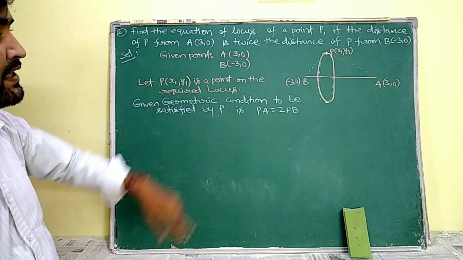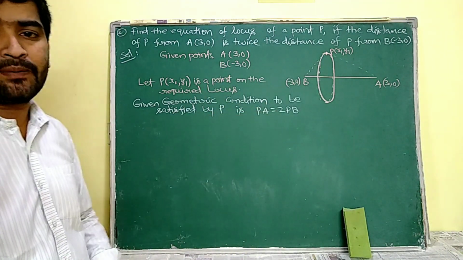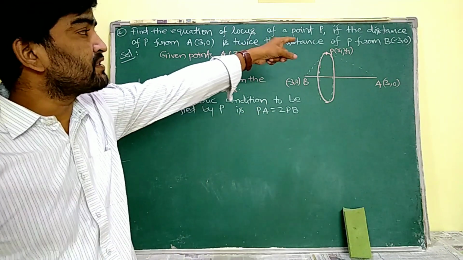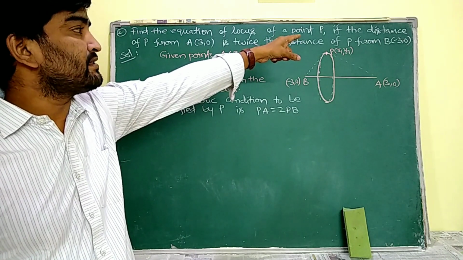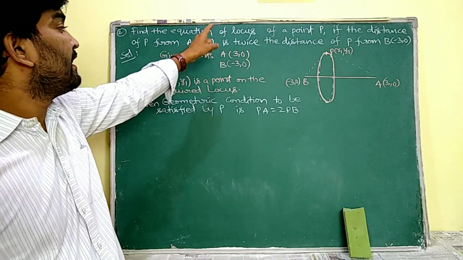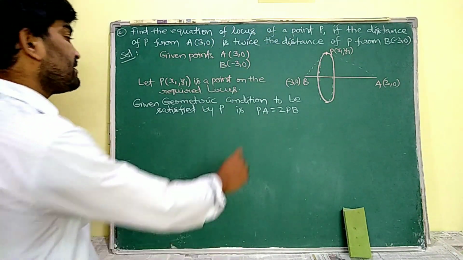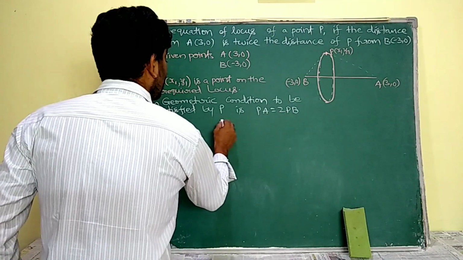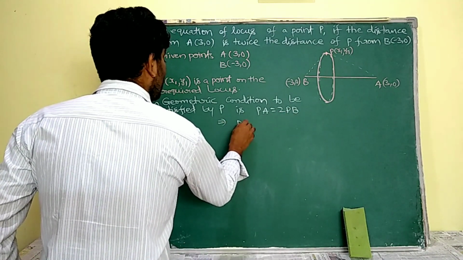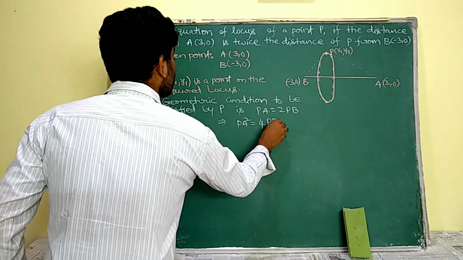Now that point P is going to satisfy the geometric condition, that is PA is equal to 2PB. Why? Because in the question itself it is stated that the distance of P from A is twice the distance of P from B. So PA is equal to 2PB. Now squaring on both sides, PA square is equal to 4PB square.